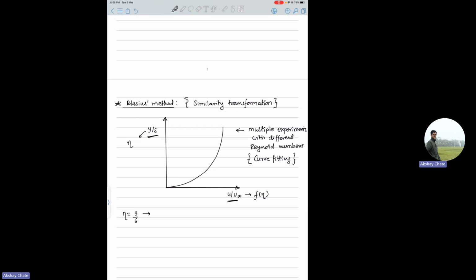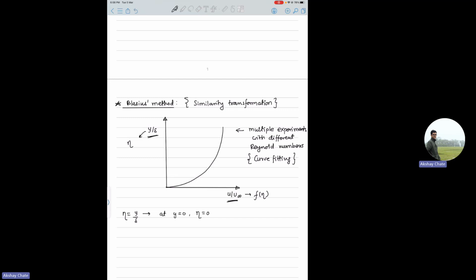So what are the boundary conditions in the boundary layer problem? At y equal to 0, your delta comes to 0. So at y equal to 0, your boundary layer thickness is 0, right? So eta is also 0.